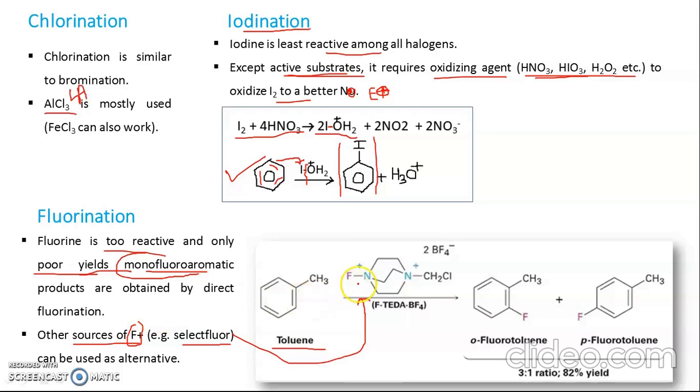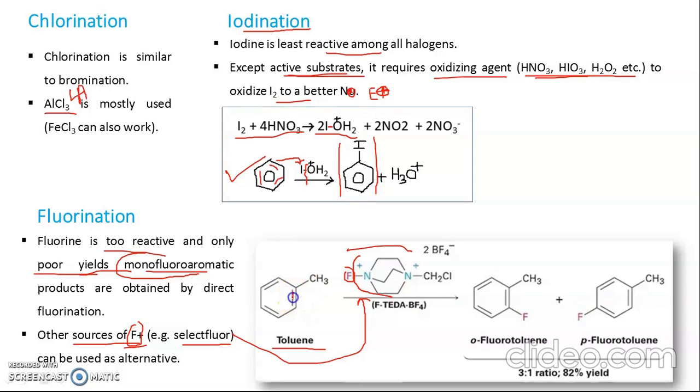So when some highly electron withdrawing group like this is attached with fluorine, it is not free F+, because that is very difficult to generate. Though here we have written it, actually free F+ is very unusual. So when some highly electron withdrawing group is attached, then this fluorine will have some partial positive charge.